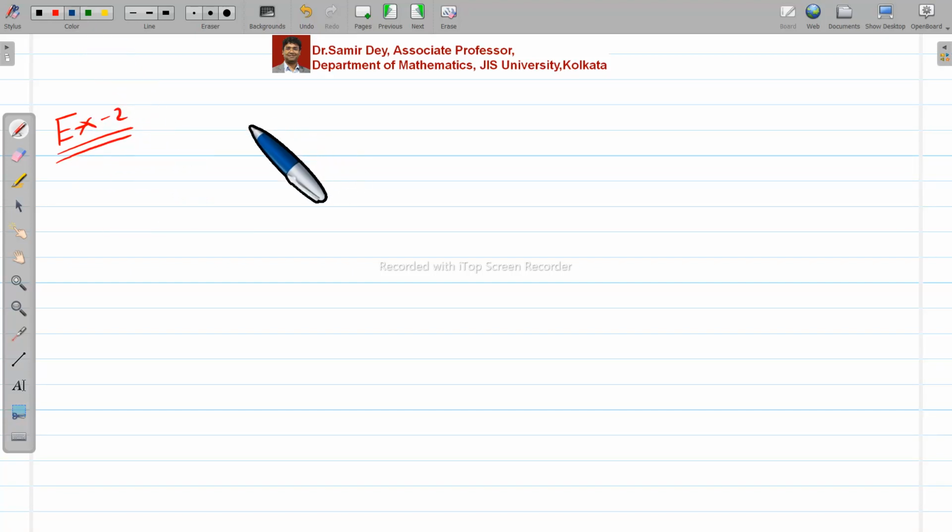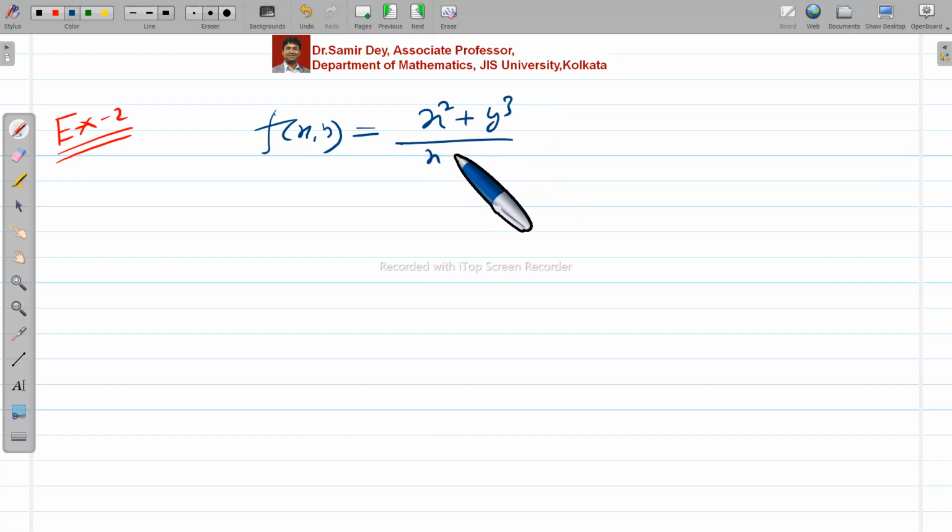Suppose you have a very simple f of xy equals x square plus y cube by x minus y. Suppose you want to check whether it is homogeneous or not. If it is homogeneous, find its degree. This is the question.